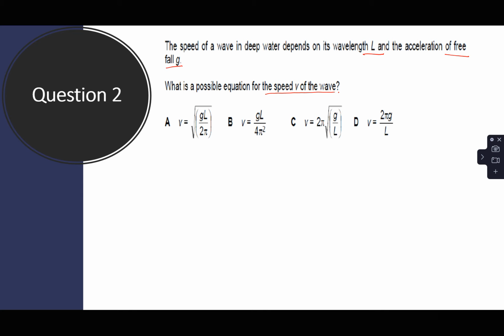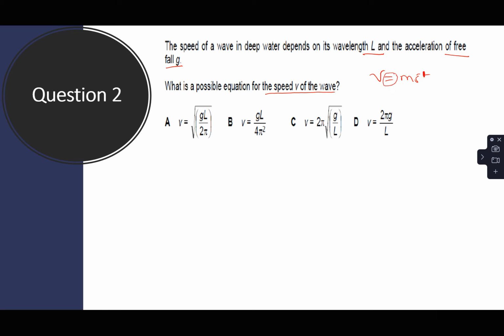But if you have studied the base units, you can check which of these equations has units as meters per second, because you and I know that the appropriate units for velocity or speed are meters per second. Note that, not meters per second squared, meters per second.